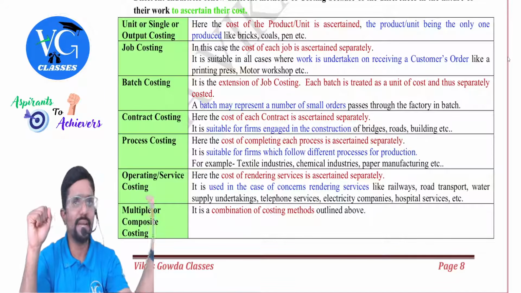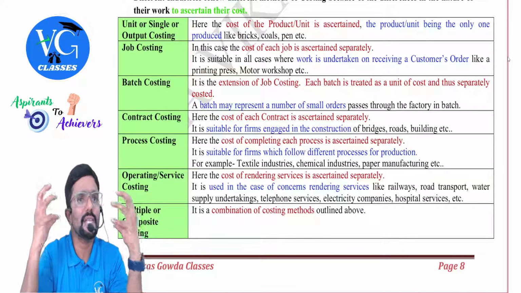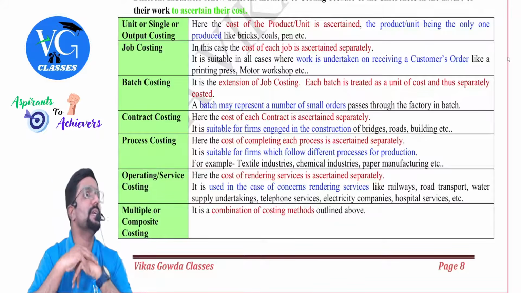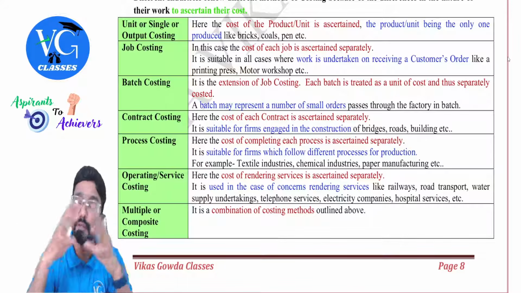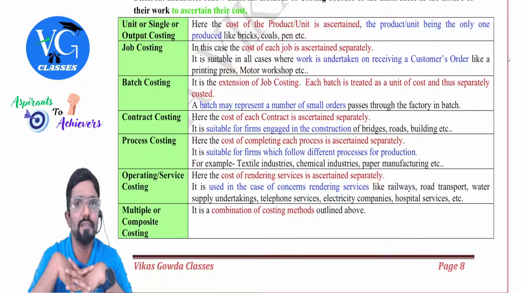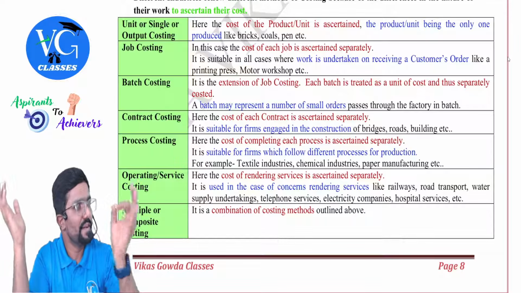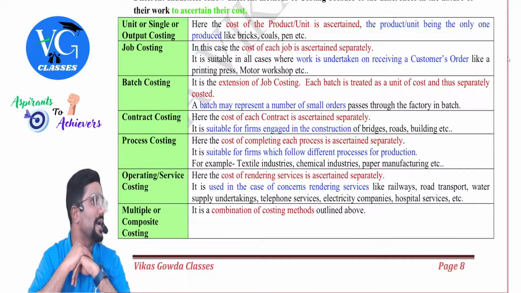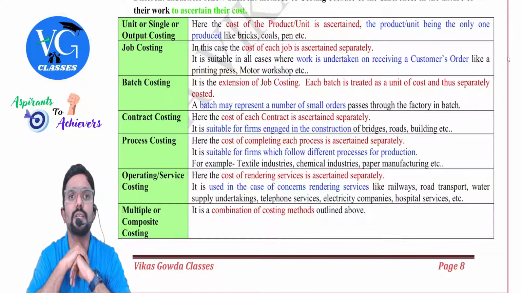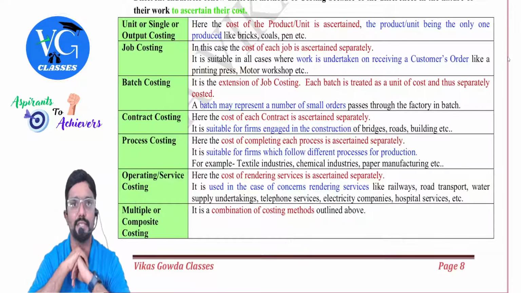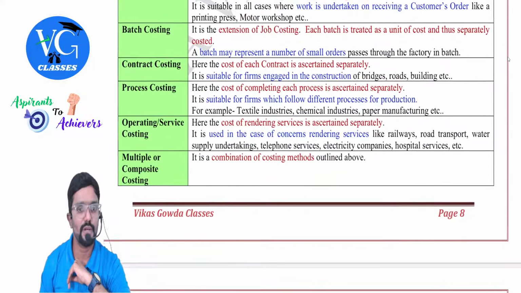I will prepare a separate contract account where I will record the cost of completing that particular contract. Maybe I will also give a different name for each contract, because I would have accepted a number of contracts from different people. So for each contract, I will maintain a separate account where I will calculate the cost of completing each contract.